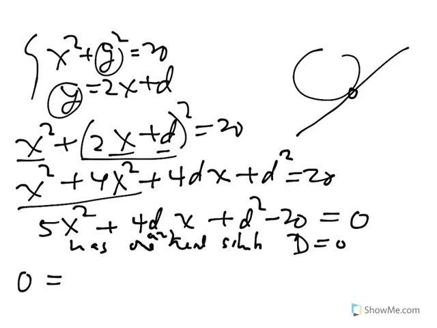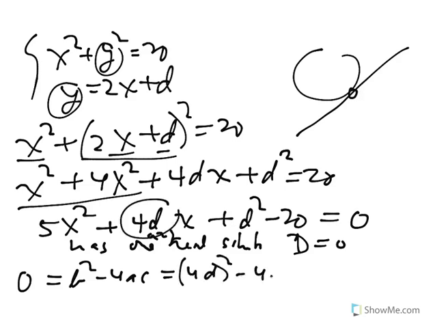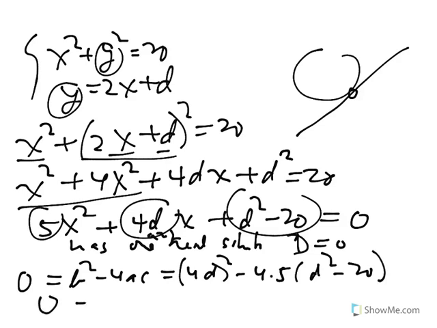So 0 is equal to b squared minus 4ac. But b is 4d, so now it's (4d) squared minus 4. A is 5. And c is a pretty complicated expression. It's d squared minus 20. So this is a pretty ugly equation also, but at least it only has the variable d in it.